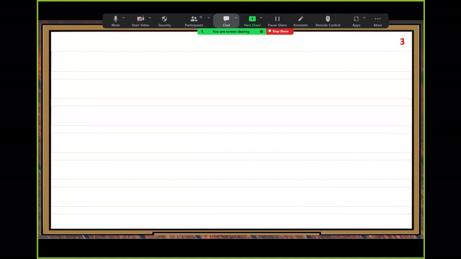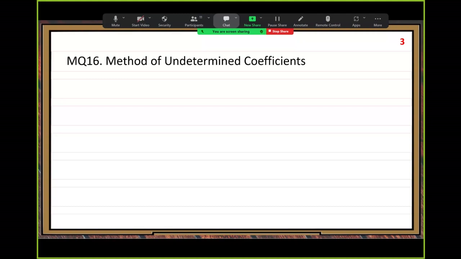All right. Study. Number 16, method of undetermined coefficients. Non-homogeneous, but the ODE, the coefficients for those y terms are constant. Constant.